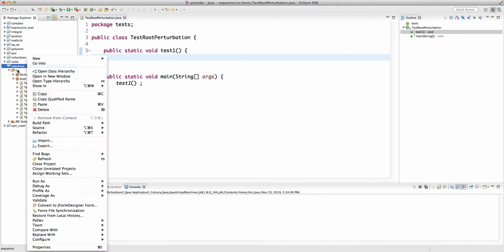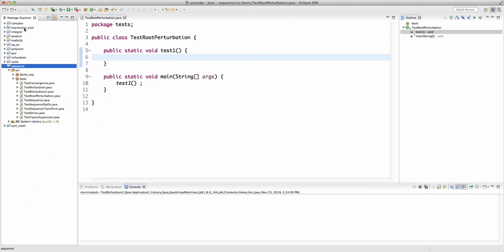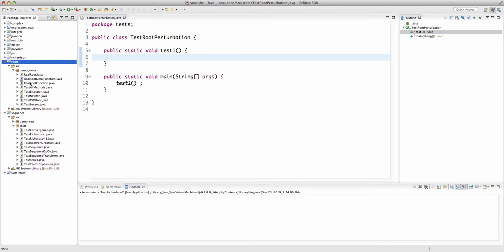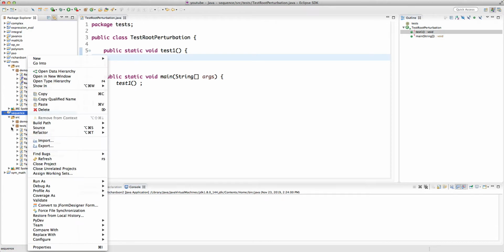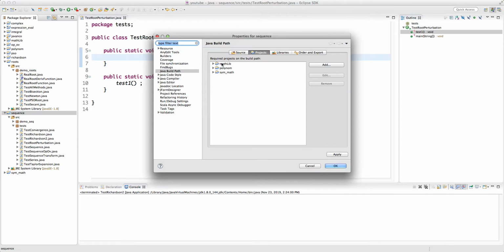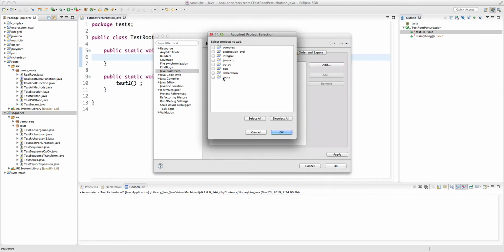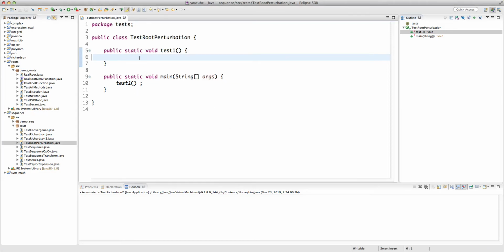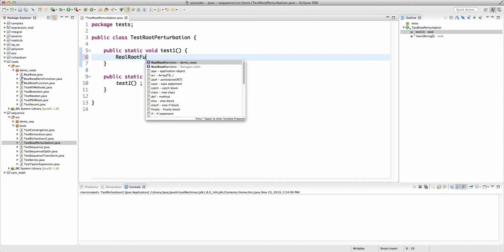We already have this roots project. In the roots project we have the real root function and then the real root. So I'm going to give a dependency, go to the build path, give a dependency to roots, and now I call the real root function.